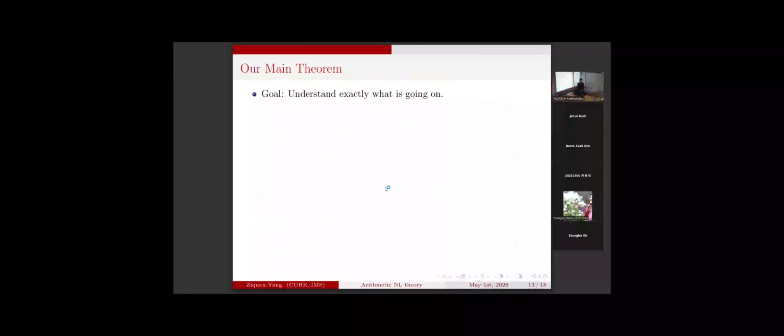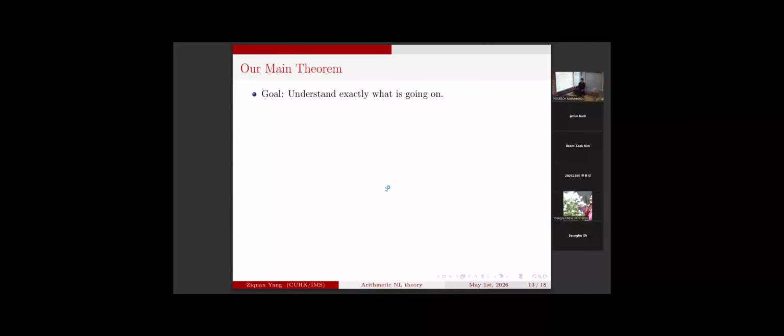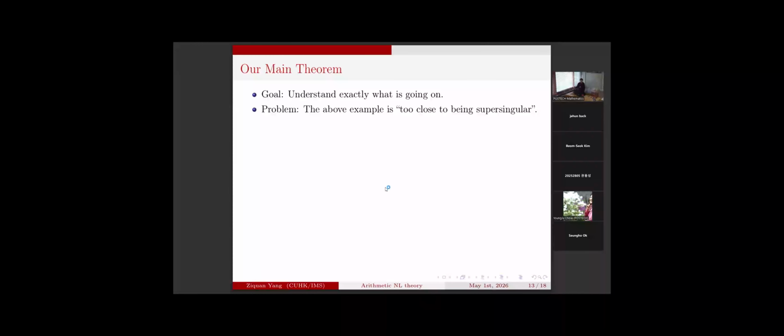So the goal of the theorem that I'm introducing today is precisely to understand exactly what is going on. What fails in this counterexample compared to the generic ordinary case?